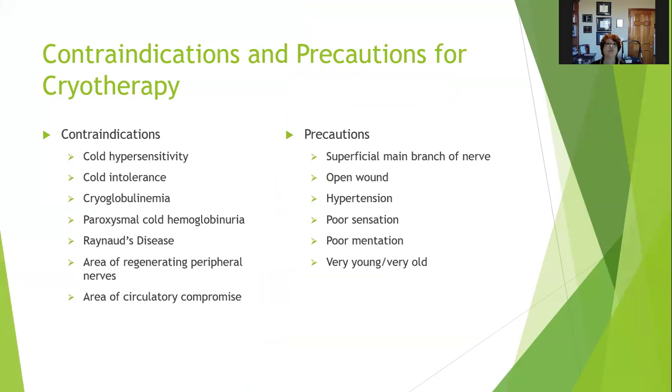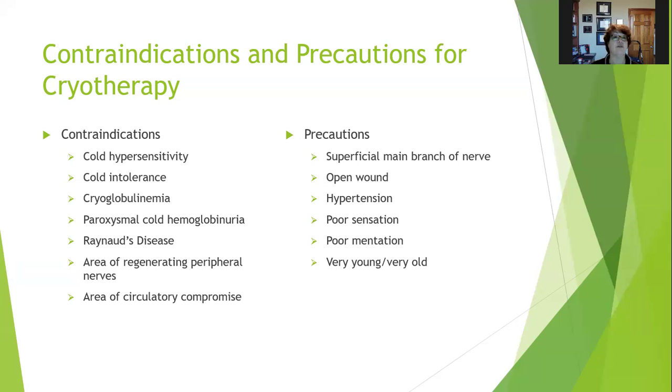Contraindications and precautions for cryotherapy. The contraindications include cold hypersensitivity, cold intolerance, cryoglobulinemia, which means you get a release of globulins, immunoglobulins, in your blood in response to cold. Paroxysmal cold hemoglobinuria, which means you get more hemoglobin in your urine.